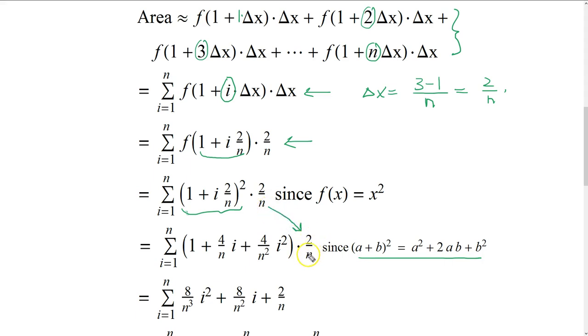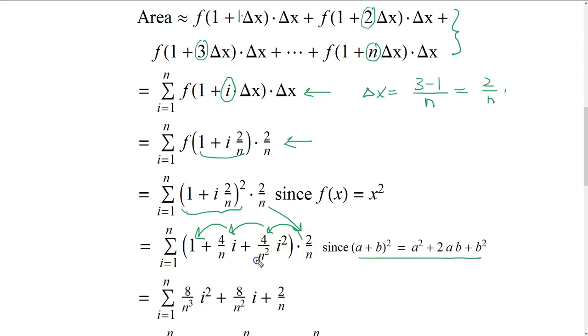Now we distribute the 2 over n into each term. So this will distribute here, and here, and here. And we'll rearrange so the powers of i go from high to low. So we get 8 over n cubed, i squared.